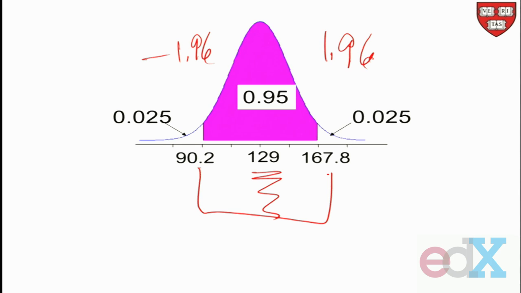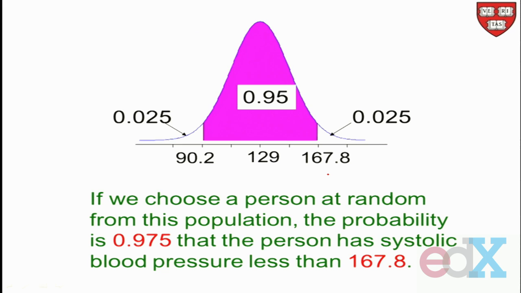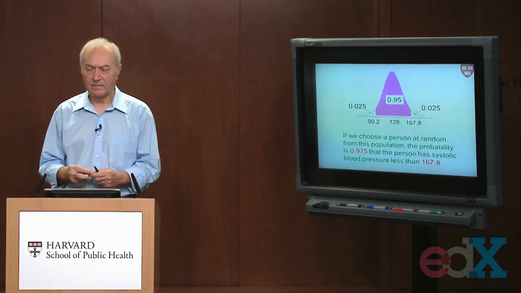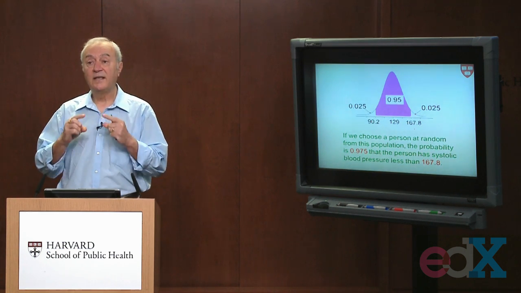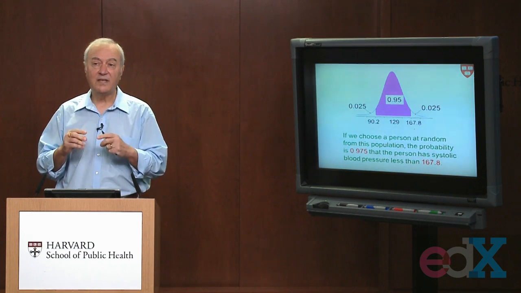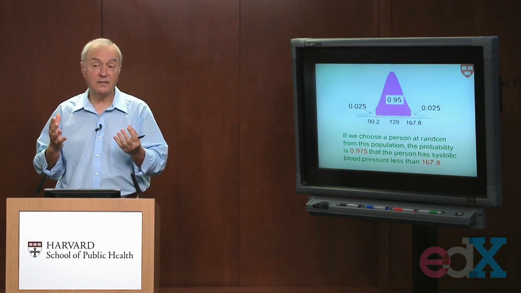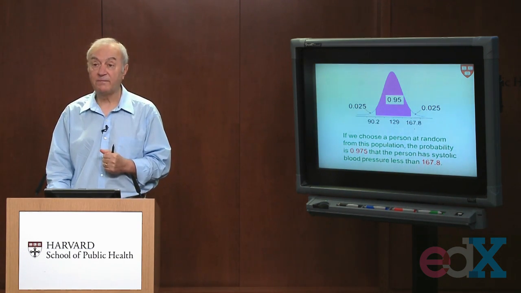Okay, so that's how we use this. And so we can make statements like this. If we choose a person at random from this population, the probability is 0.975 that the person has systolic blood pressure less than 167.8. So we recognize that a systolic blood pressure greater than 167.8 is what we might call a rare event, because it only happens 2.5% of the time.